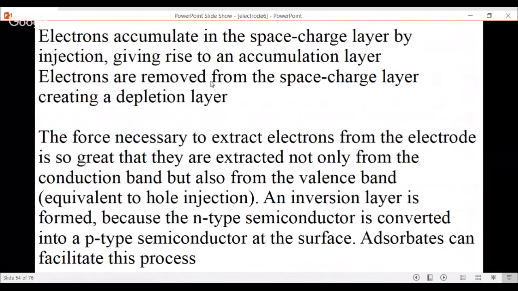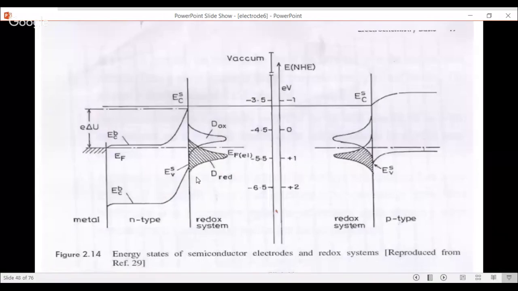Electrons are removed from the space charge layer, creating a depletion layer. The force necessary to extract electrons from the electrode is so great that they are extracted not only from the conduction band but also from the valence band, equivalent to hole injection. Okay, I hope you are able to see this.